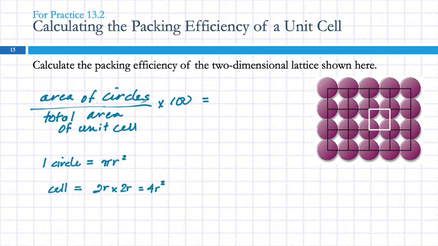So the area of the circles in that unit cell is pi r squared. The area of the whole thing is 4r squared. And we don't know what r is, but that's okay because the r squareds cancel out. So it's pi divided by 4 times 100.